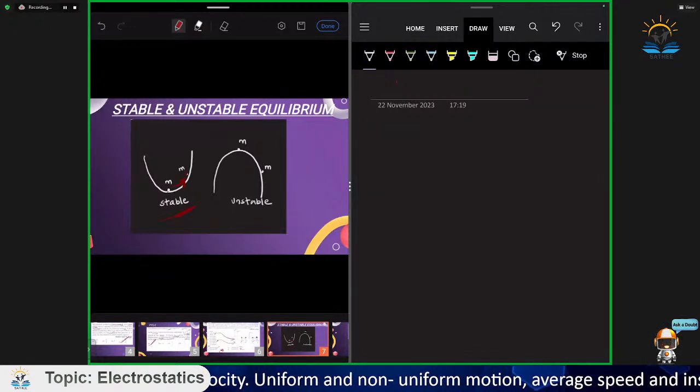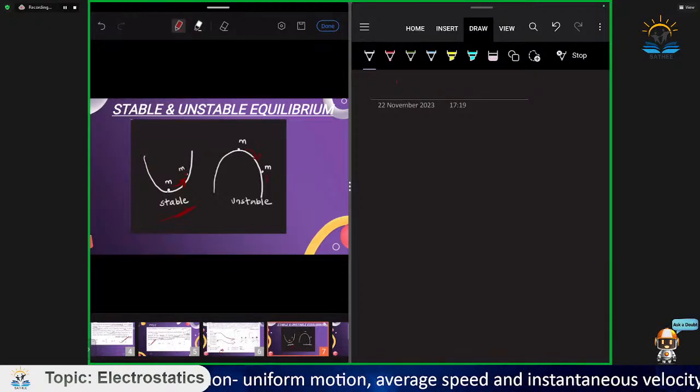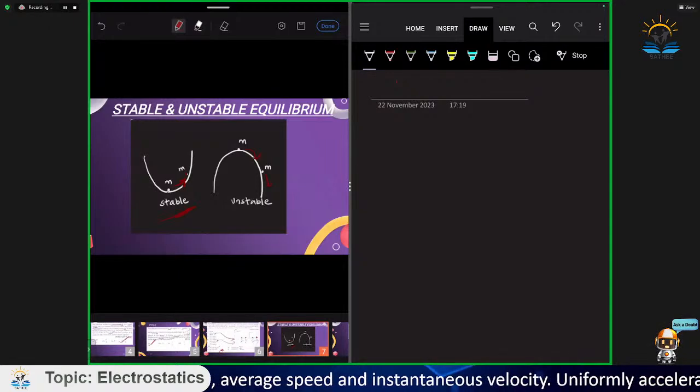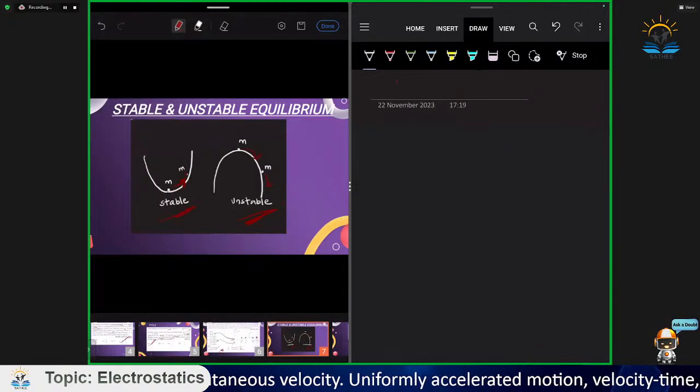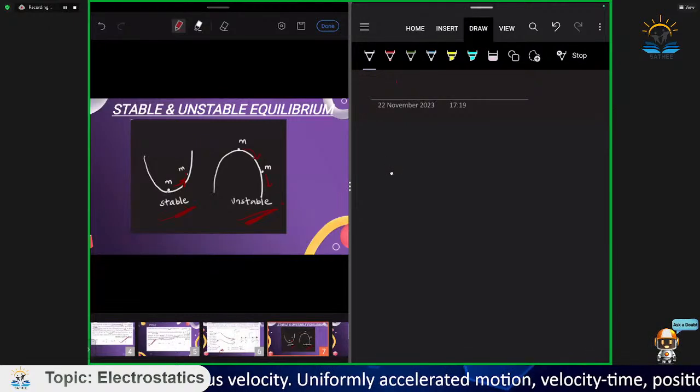See, in this case, if I release this mass, this object will run away from the starting point. The particle doesn't want to stay at the starting point at the top. So this is the unstable equilibrium, and the earlier one is the stable equilibrium. The same scenario we can apply in electrostatics.